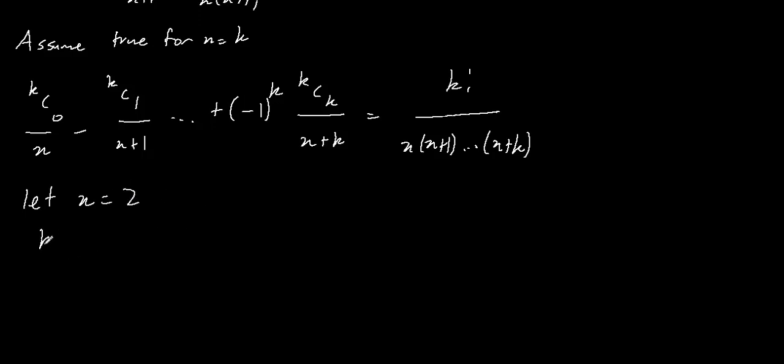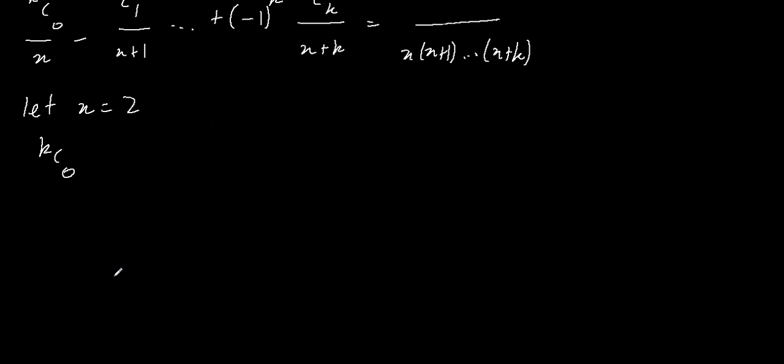Remember, my assumption is working for all x, so I'm just going to let x equal a specific value. So x is equal to 2. Then I get kC0 over 2 minus kC1 over 2 plus 1, so that's 3. I can do easy math, right?